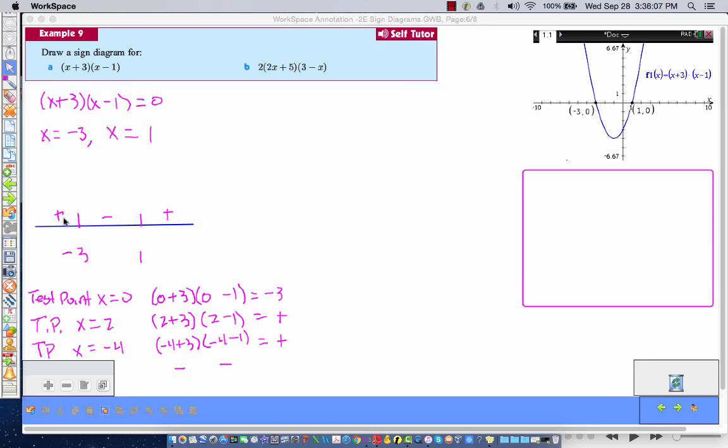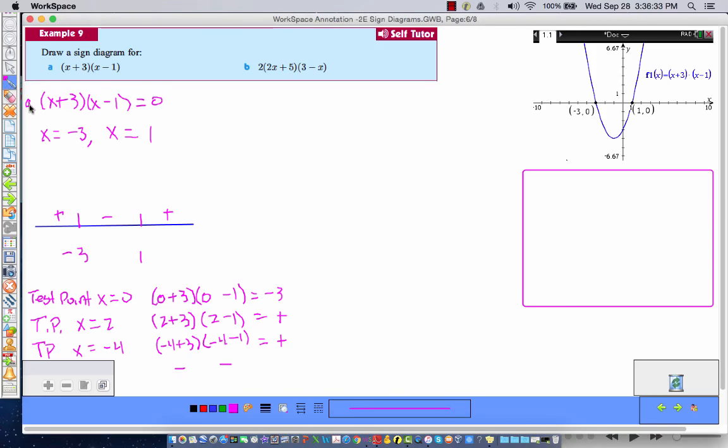And to the left of -3, all values of the function are positive, above the x-axis. Between -3 and 1, all of the values are negative. And then to the right of 1, all of the values are positive.